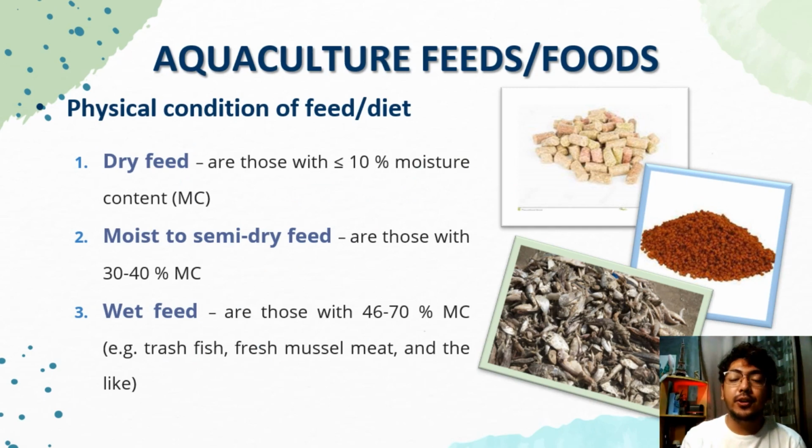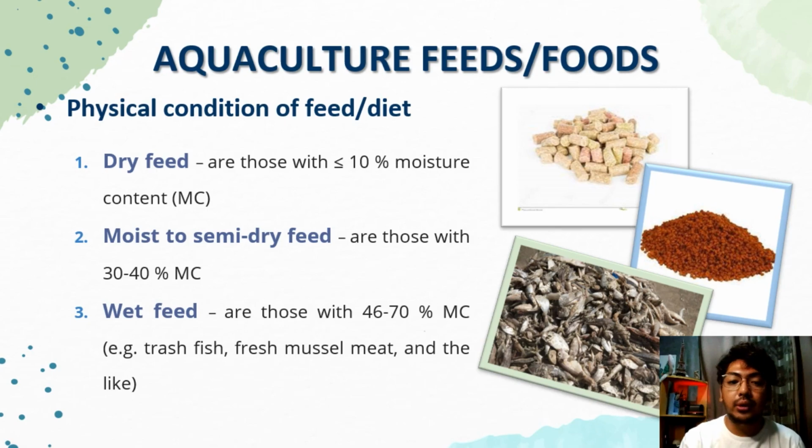Now let's move on to the physical condition of feed or diet. Number one, we have the dry feed, and these are those with less than or equal to 10% moisture content. The moist to semi-dry feed have 30 to 40% moisture content, and the wet feed with 46 to 70% moisture content.